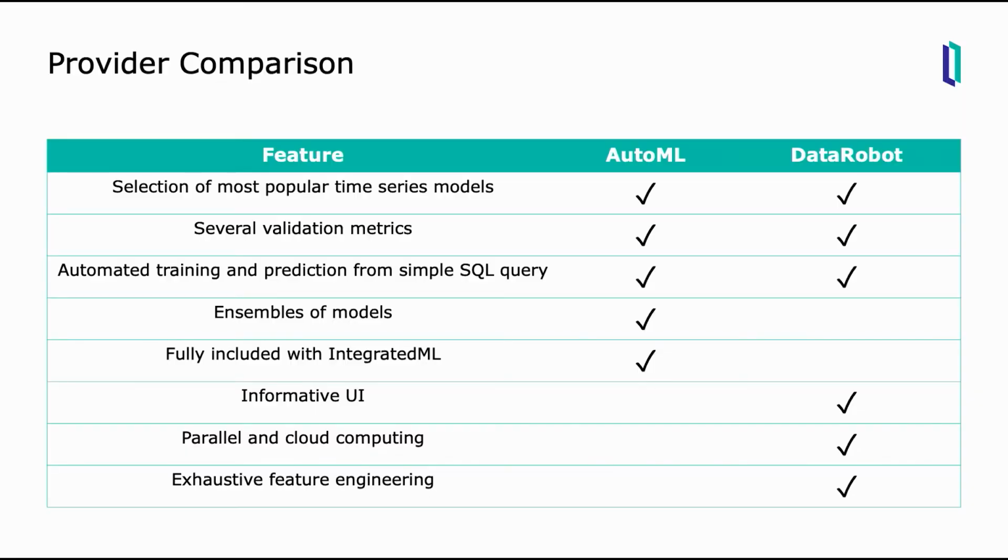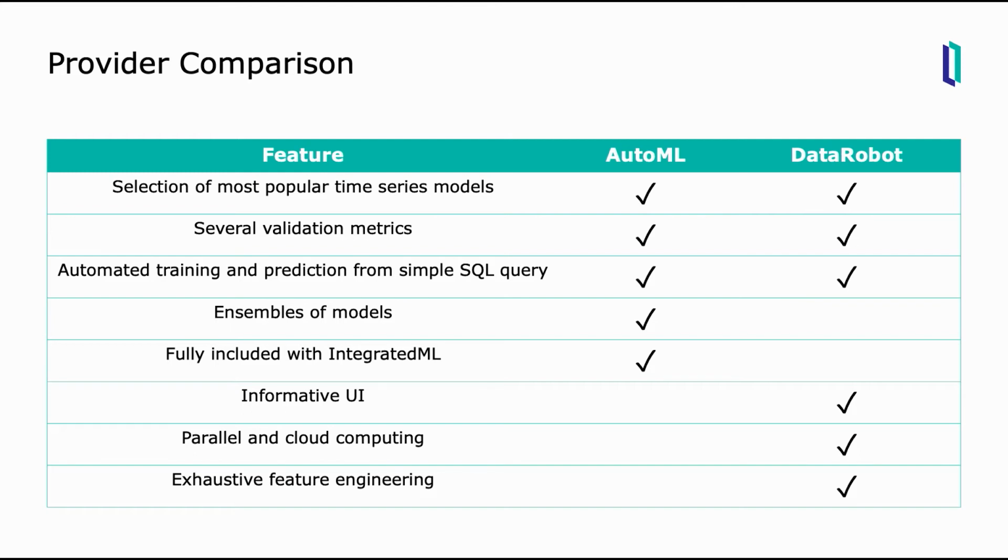So if we boil down all of that provider information into a simple comparison table, we can see that both providers offer a selection of popular and powerful models and several validation metrics to gain insights from. In addition, both providers automate training and prediction with just a simple IRIS SQL query.